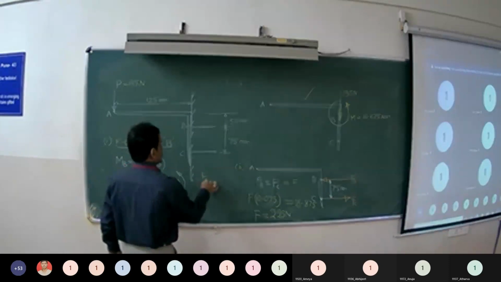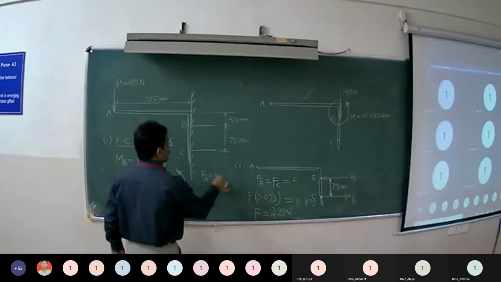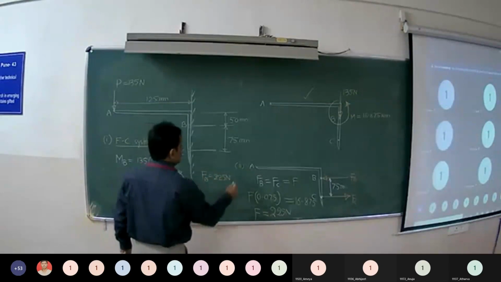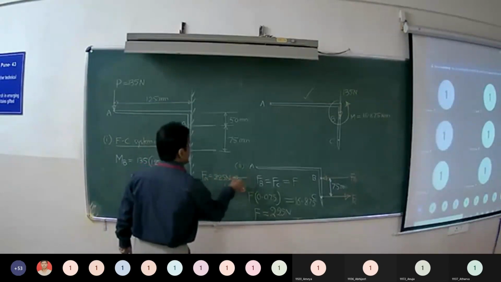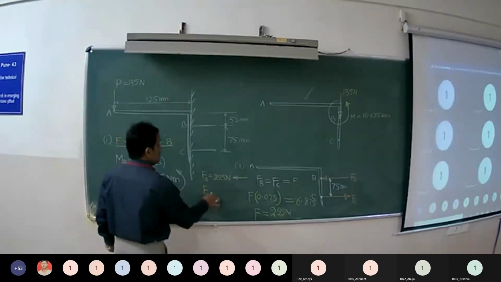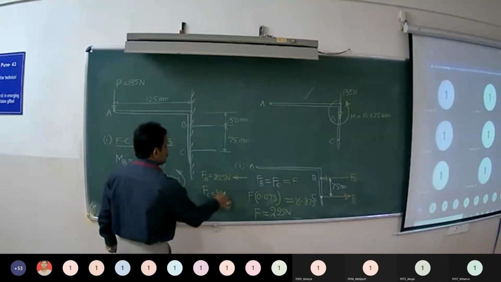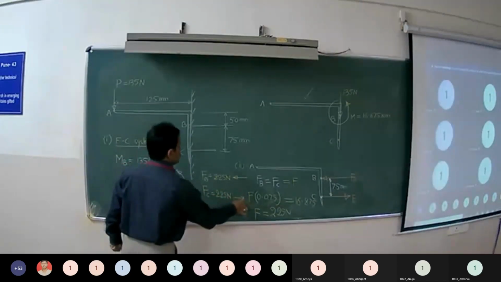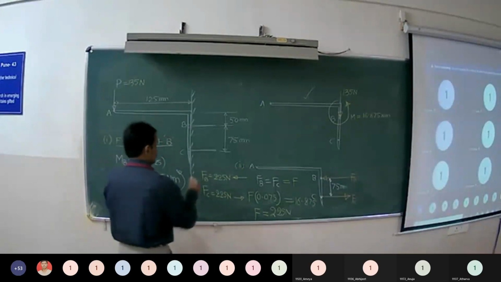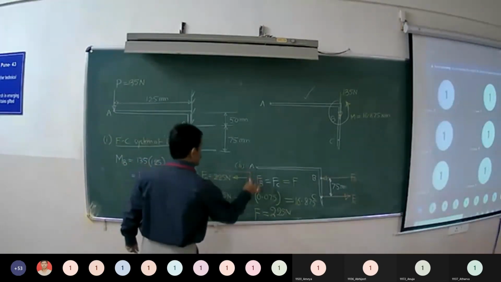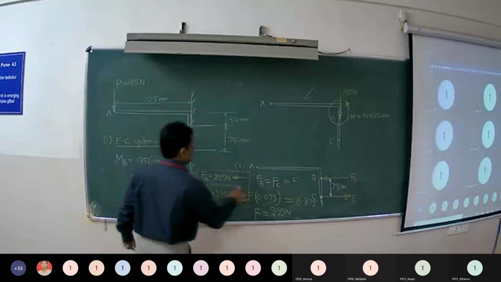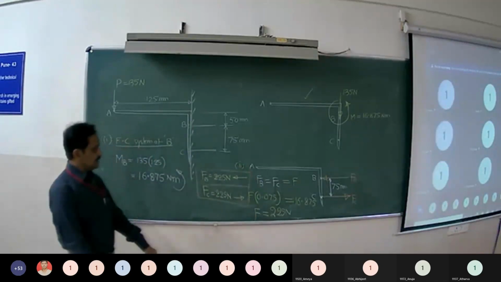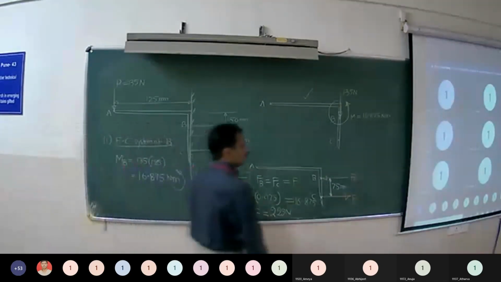For the second part, FB is equal to 225 Newton acting towards left, FC is 225 Newton acting towards right. Two horizontal forces at B and C that are equivalent to the couple obtained in part 1.